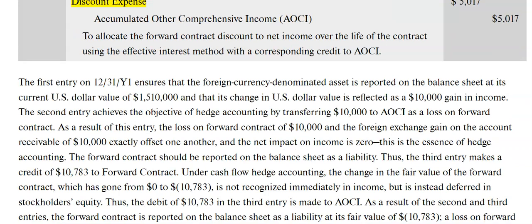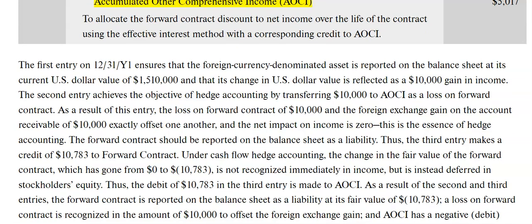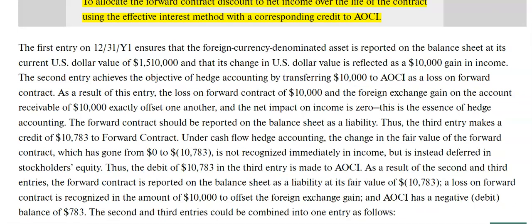Discount expense, $5,017. Accumulated other comprehensive income, AOCI, $5,017. To allocate the forward contract discount to net income over the life of the contract using the effective interest method with a corresponding credit to AOCI.